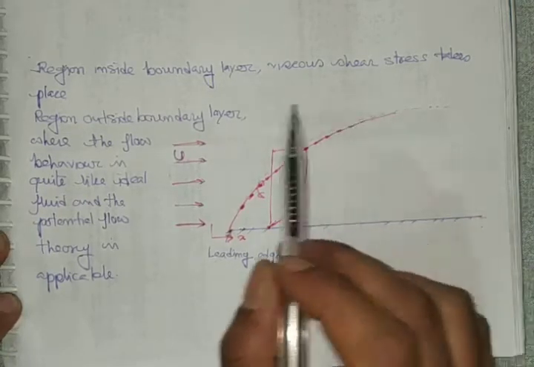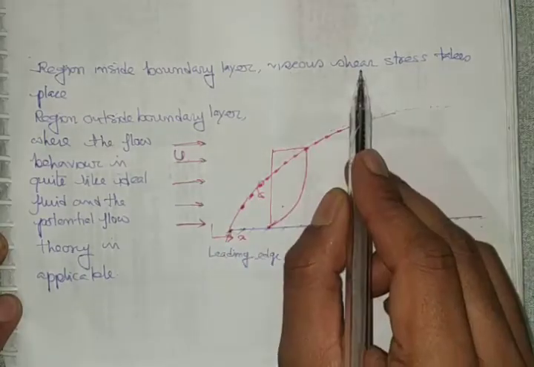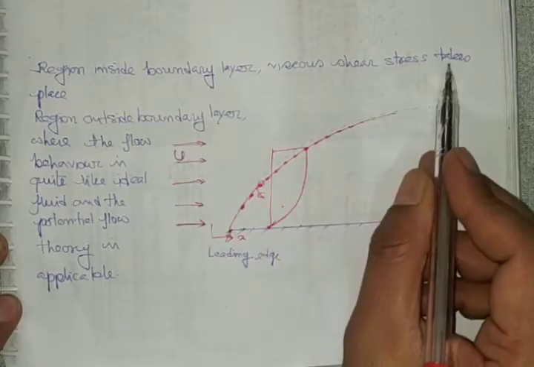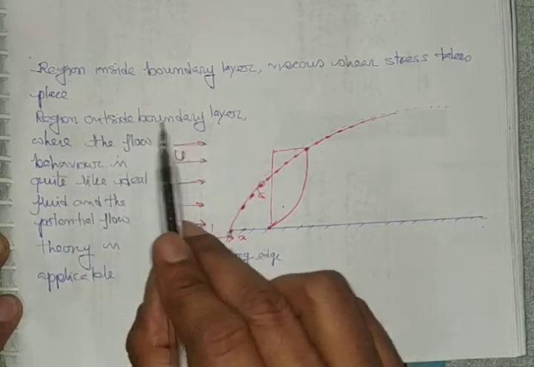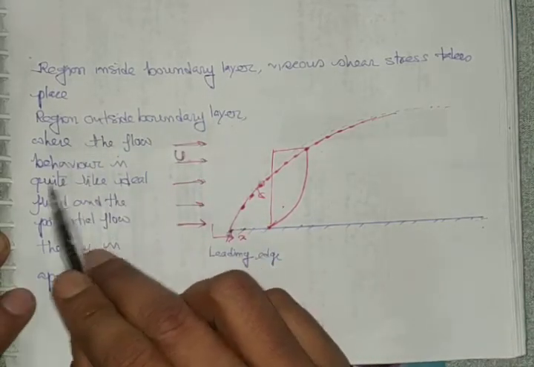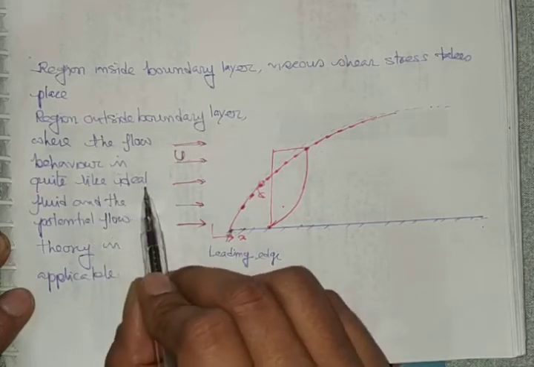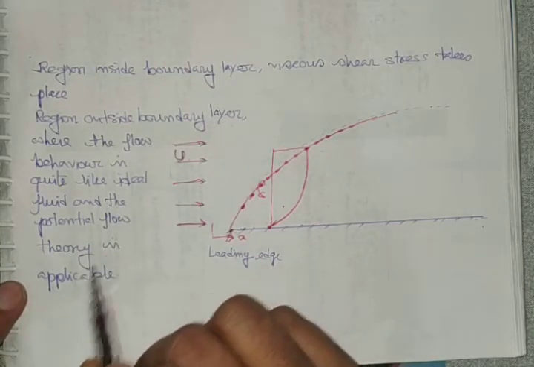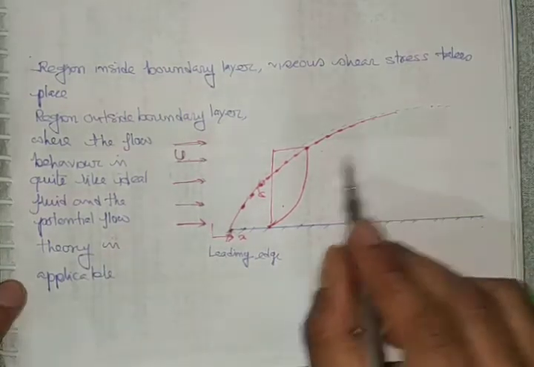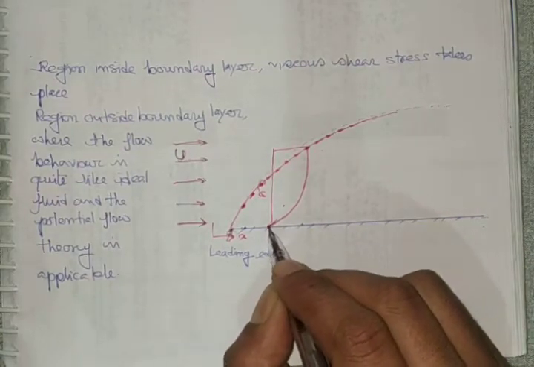So the region inside the boundary layer is where viscous shear stress takes place, and the region outside the boundary layer is where the flow behaves quite like an ideal fluid, and potential flow theory is applicable.